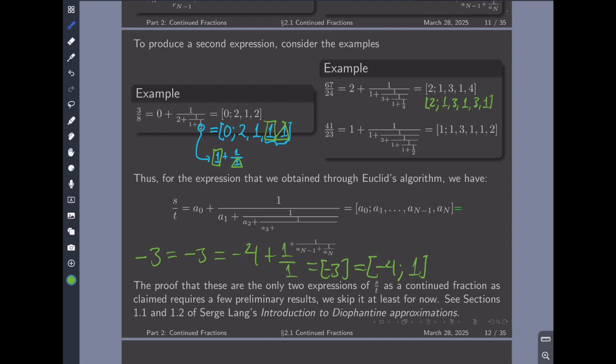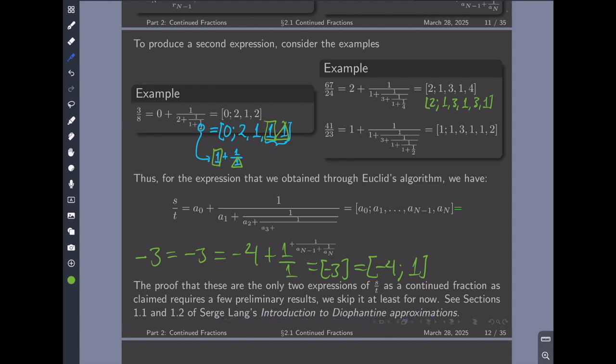Okay. And now uniqueness. Uniqueness requires some preparation lemmas, which are actually quite nice, but let me not reproduce them here. Actually, Lang does it very nicely in his book.